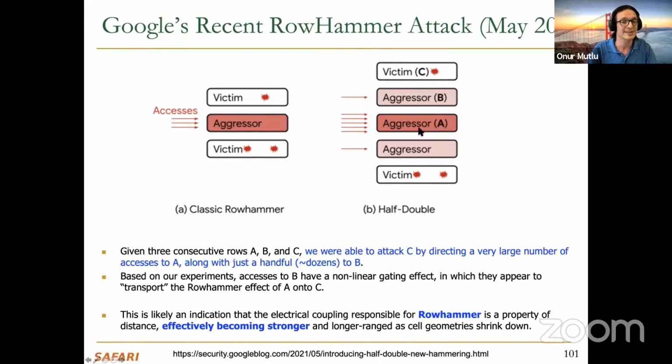By orchestrating the accesses, doing many accesses to one aggressor and a small number to the other, you can cause bit flips in the victims that are farther away. They say this is likely an indication that the electrical coupling responsible for RowHammer is effectively becoming stronger in newer technologies, just like the conclusion of our work. It's another example of how RowHammer is getting worse in real systems.